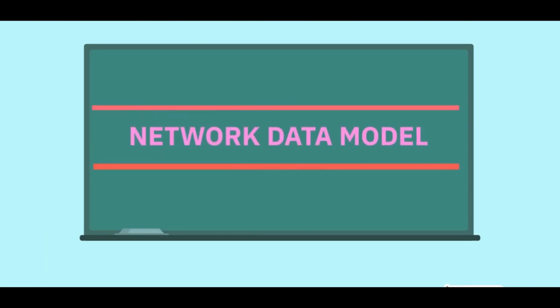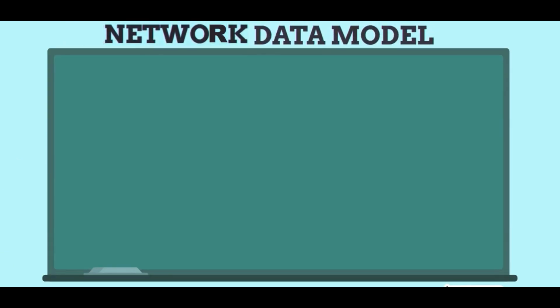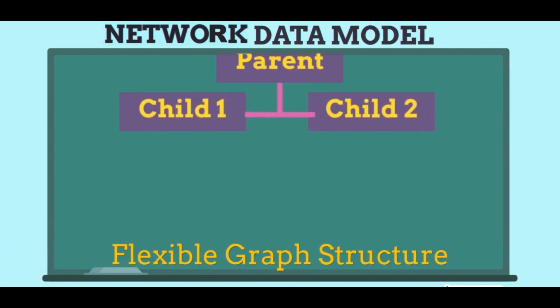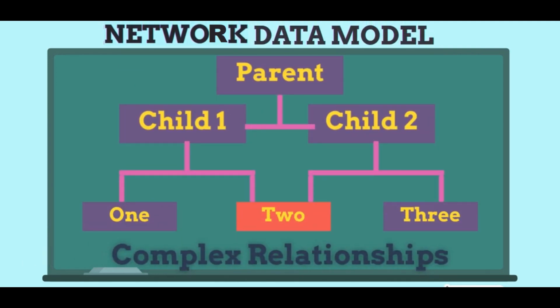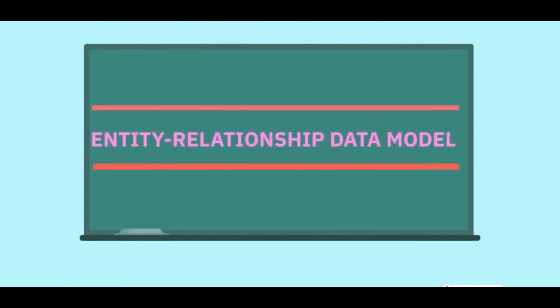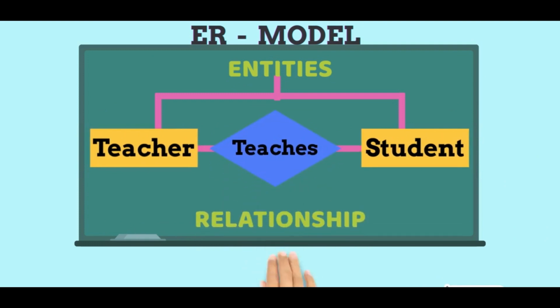Network data model. Similar to the hierarchical model, it uses a more flexible graph structure. It allows multiple parent-child relationships, making it suitable for complex relationships. Entity relationship model, ER model. It uses entities, objects, and their relationships to represent data. This model is helpful in understanding the relationship between different entities in the database. Object-oriented data model.